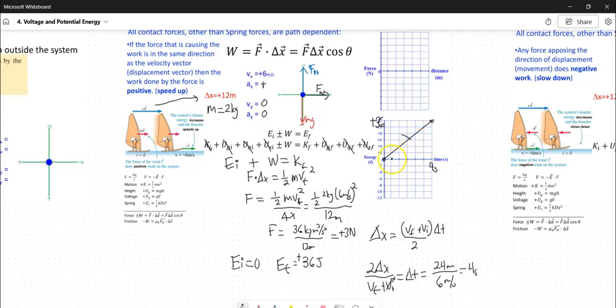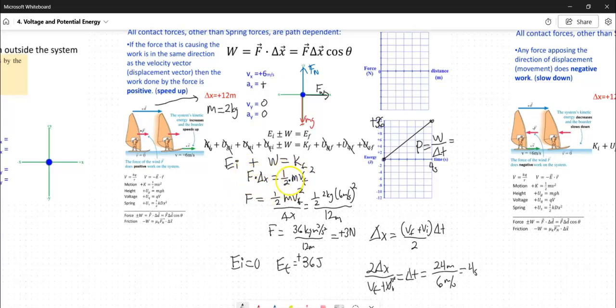And now we could use this to calculate power, right? Because power is the work divided by delta t. And we know the change in energy right here is 36. So for example, this is work.